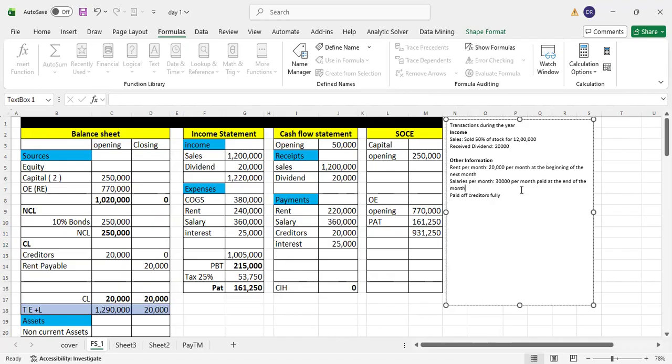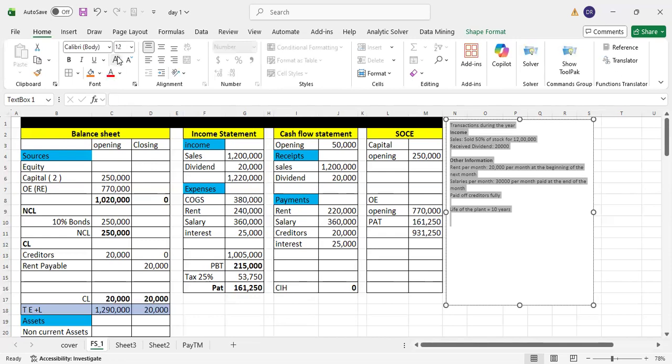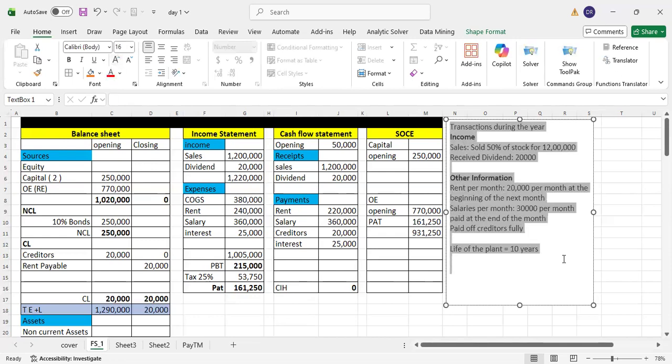Let us also make an assumption regarding the depreciation on the property, plant, and equipment, which is a non-current asset. Let us assume that the life of the plant is 10 years. The company follows depreciation by allocating the cost of the asset uniformly over the 10 years, which is called depreciation.